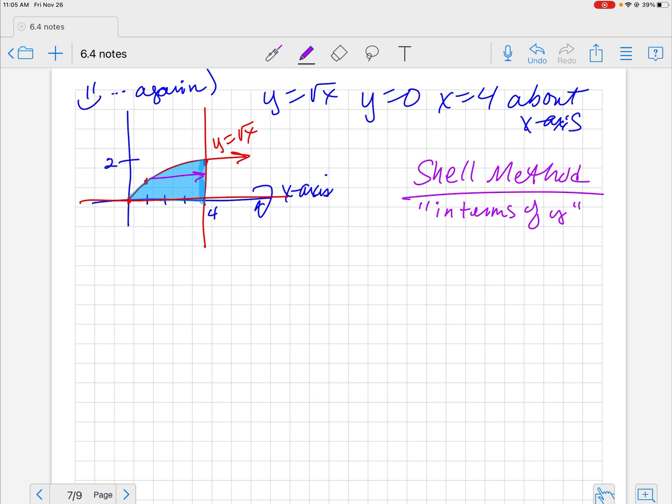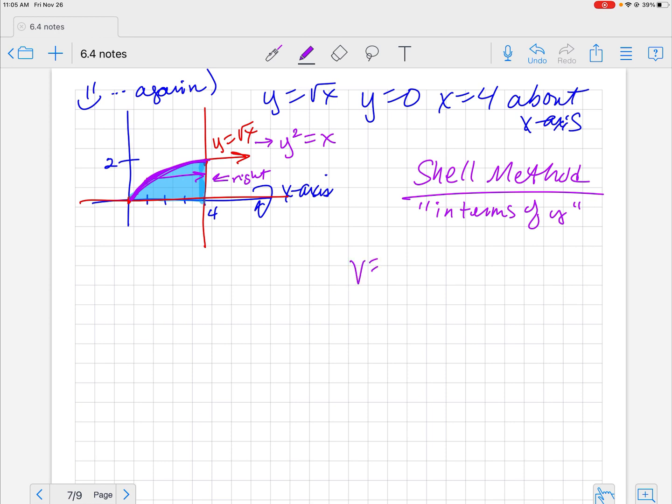If I want my function here to be in terms of y, I square both sides, and I've got y squared is equal to x. And the bottom of this is now going to be my function, and my top, or the right side, is going to be 4.